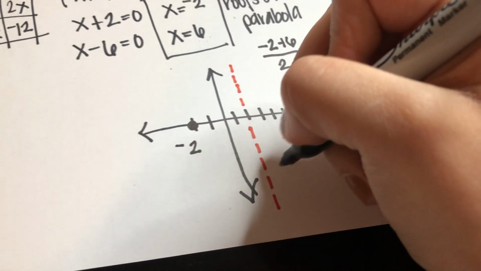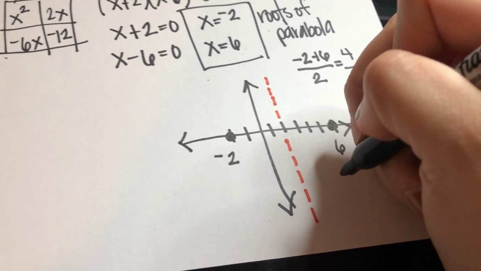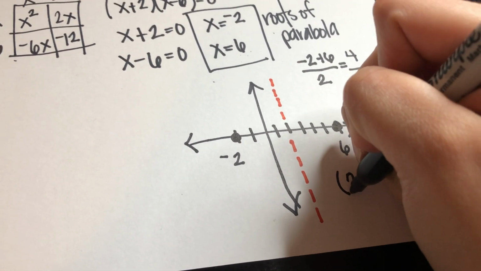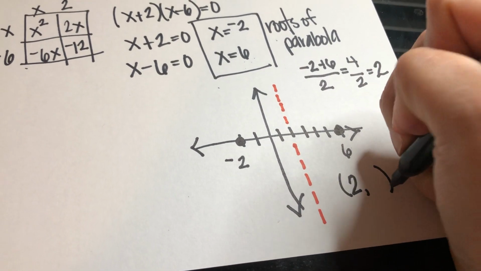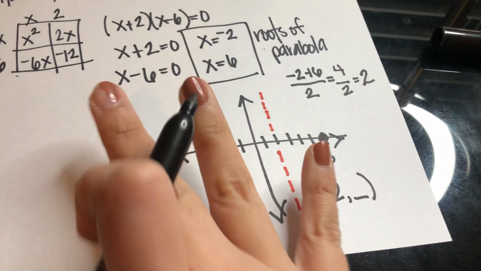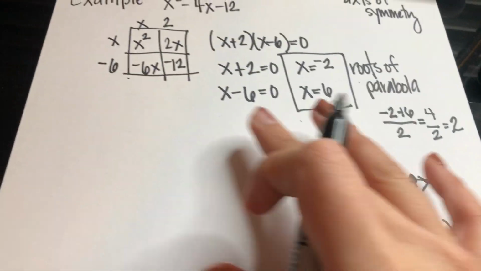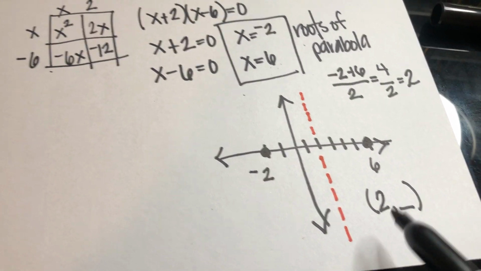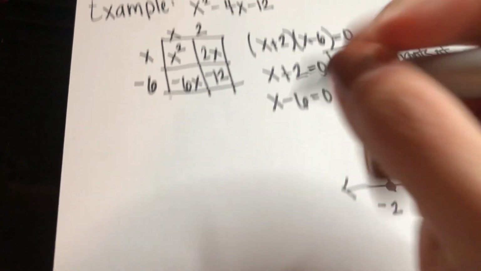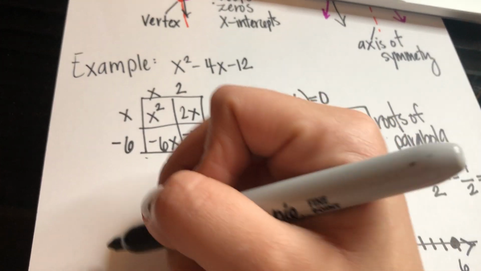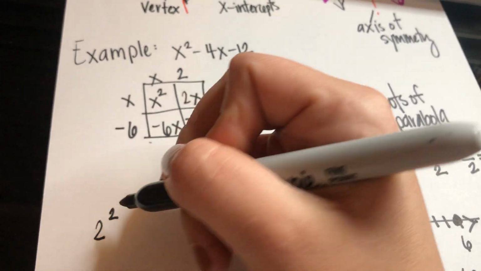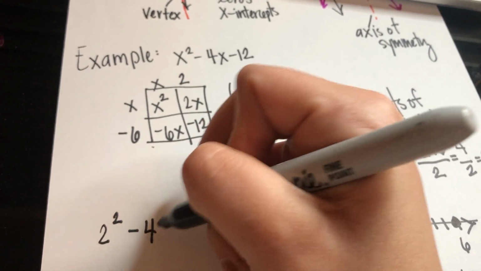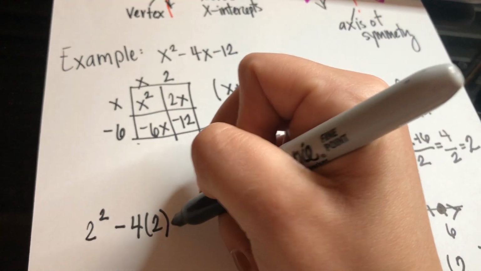So again, this means that our vertex is going to be somewhere in this line. And I know that the x value for the vertex is 2. I need to find my y value. I don't know my y value. So let's go ahead and find it. So I'm going to use my original equation, and because I know that my x value is 2, I'm just going to substitute it in my equation. So remember, our original equation is x squared, so that means 2 squared minus 4 times 2 minus 12.